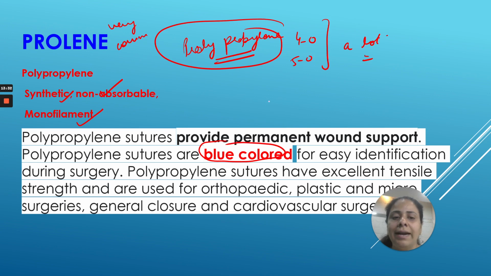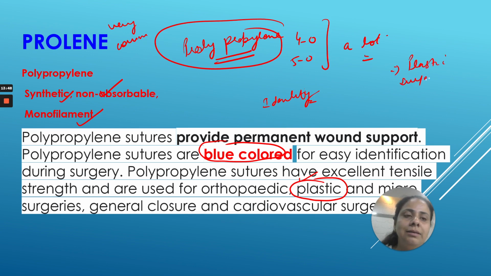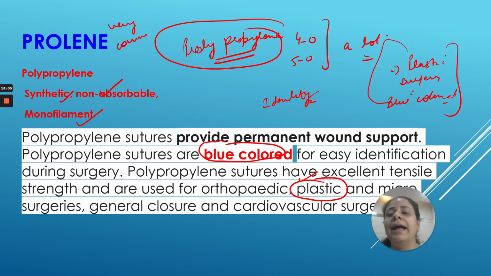You can easily identify the Prolene suture, and it has very good tensile strength, and it is extensively used in plastic surgery. So in a nutshell, plastic surgery and blue colored sutures, and these have excellent handling properties.